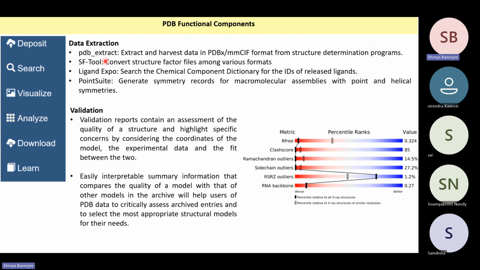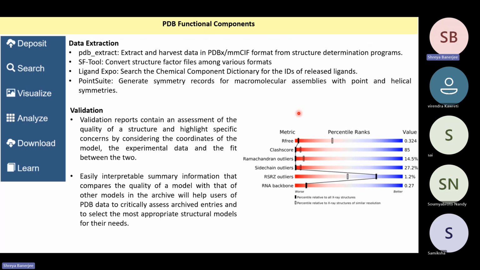There is also a dictionary called Ligand Expo, which gives you the IDs of different ligands. If you have a protein, there is a series of ligands which can bind with the protein, and all that information is also deposited in the PDB. There is another command called Pointsuite, where you can get symmetry records for different macromolecular assemblies.